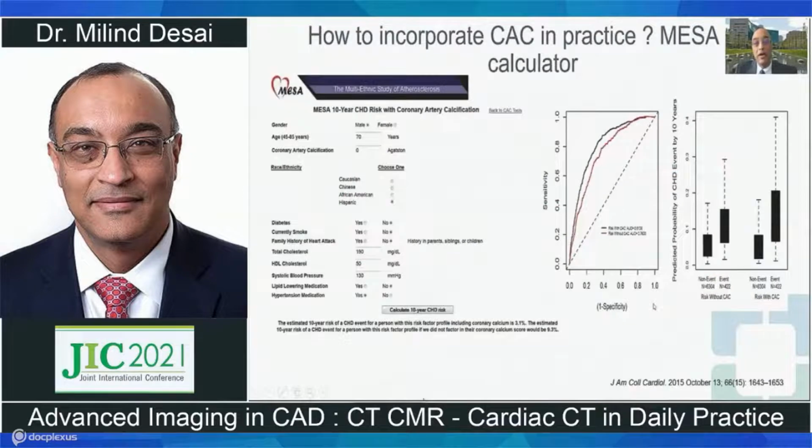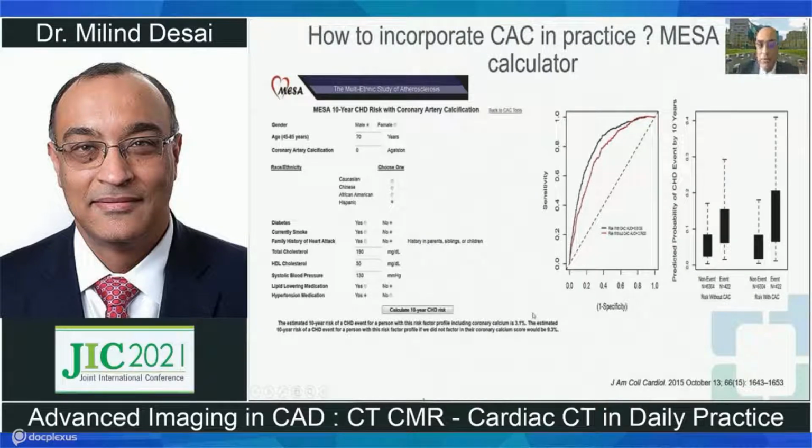How to incorporate coronary artery calcification in practice? At least in the United States, we use the MESA risk calculator. This is a simple tool available online where you take into account a patient's age, the amount of Agatston calcium score, what their ethnicity is, and whether they have other risk factors like smoking, family history, total cholesterol, HDL cholesterol, systolic blood pressure, and whether or not they are on medications for lipid lowering or hypertension.